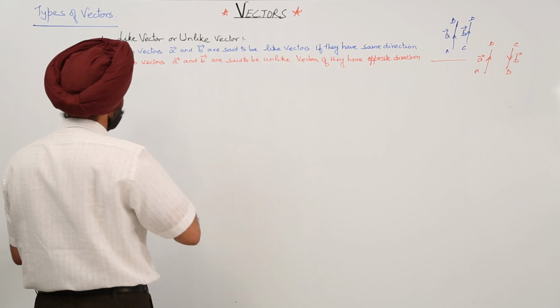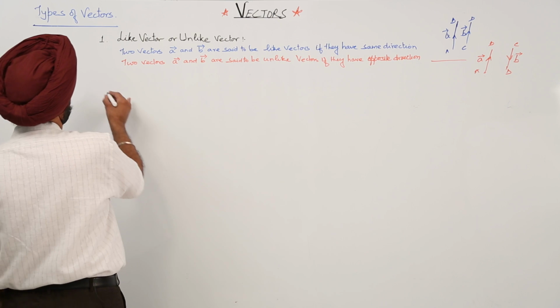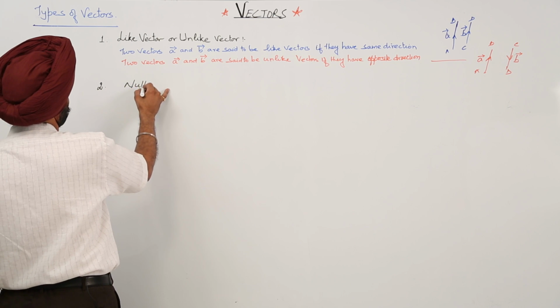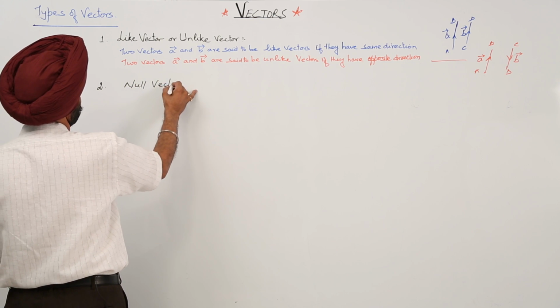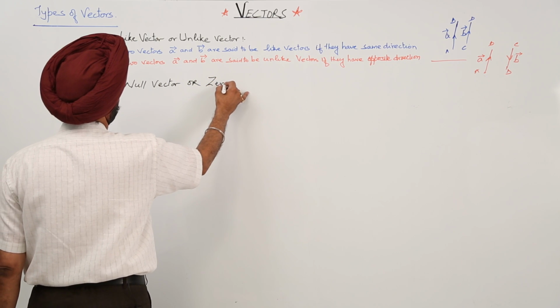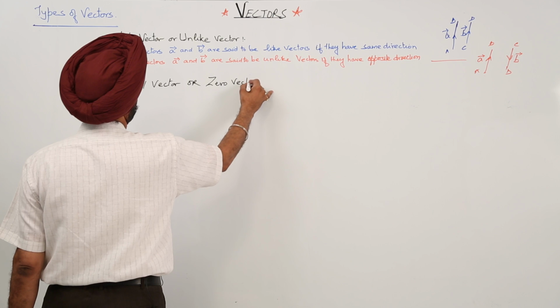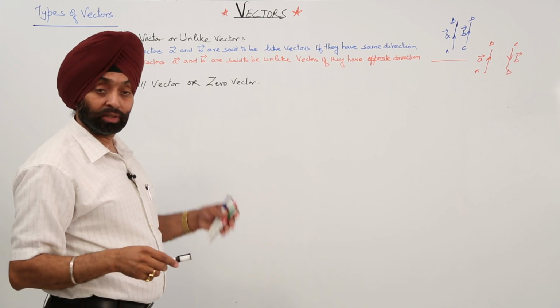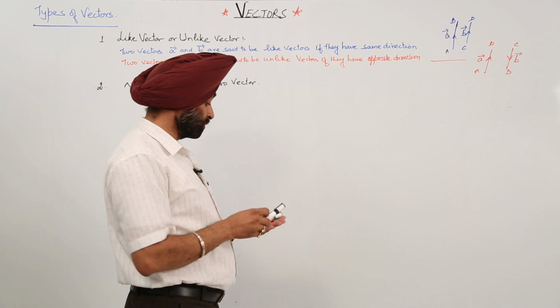Now number two, null vector or zero vector. A vector can be called a null vector also, or it can be called a zero vector also.